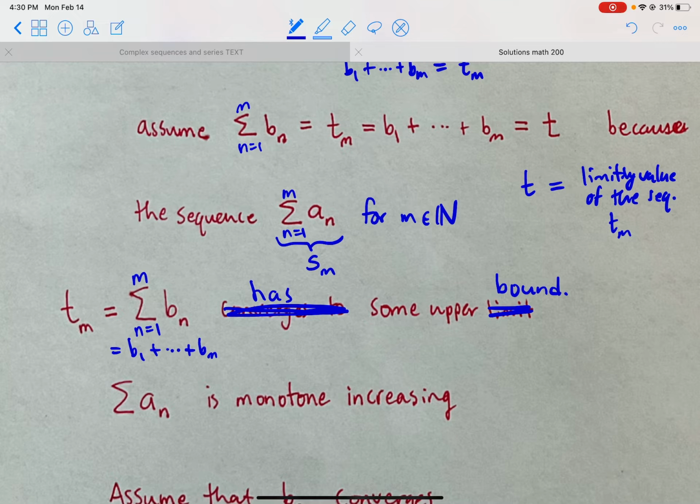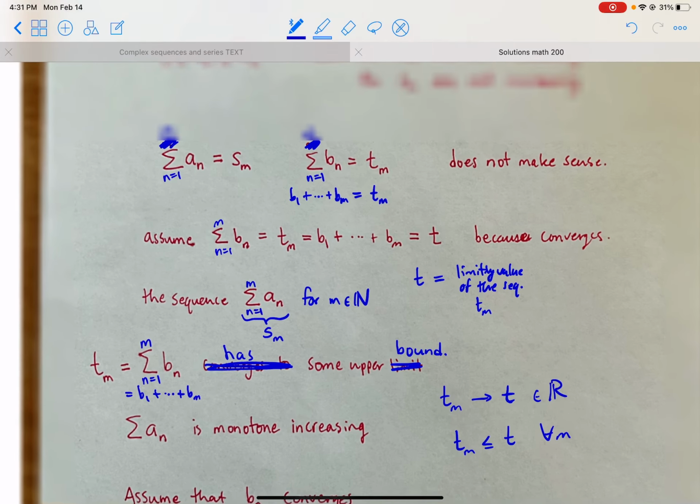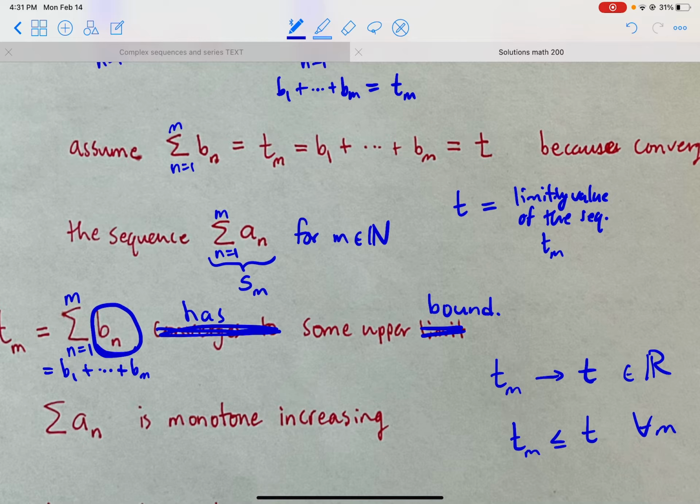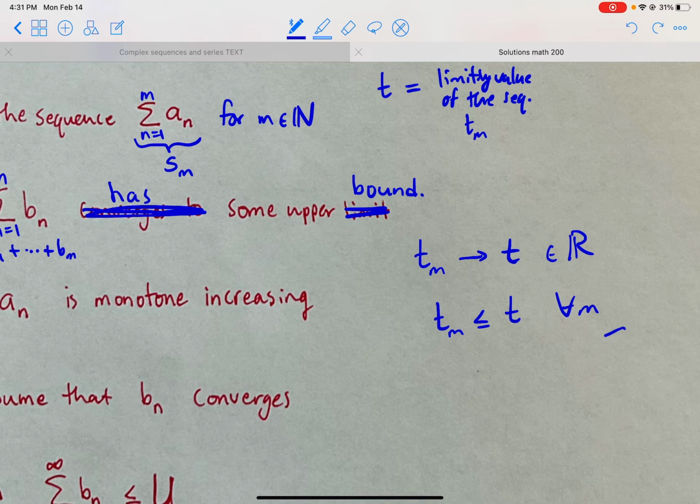Now, this sequence of partial sums may have a limit. The t sub n's may actually have a limit. Maybe we call it t. And that limit would be some real number. And then we could try to claim that t sub m is less than or equal to t for all m. And I think it would be, specifically because each of these terms was positive. And so we're increasing, and so there was even maybe a problem about this. So this could also be made to make sense as well.